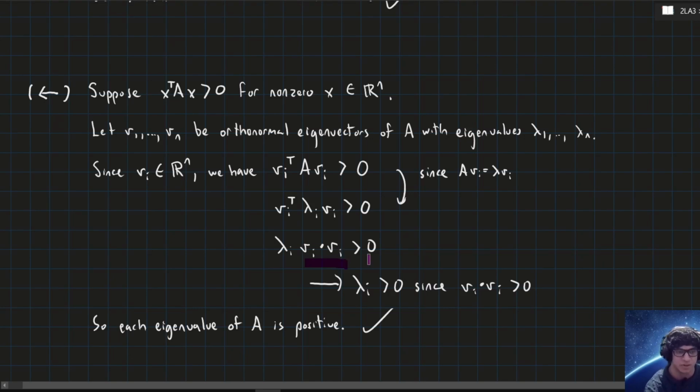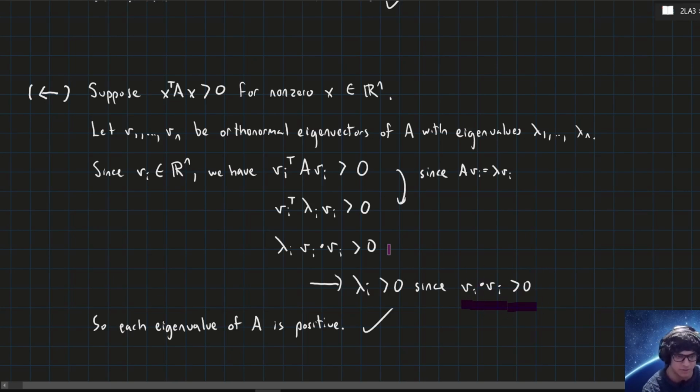So I have this inequality here, and it forces the eigenvalue to be positive. Why? Because we know the eigenvector is non-zero, and whenever you take the dot product of a non-zero vector with itself, the result is always greater than 0.